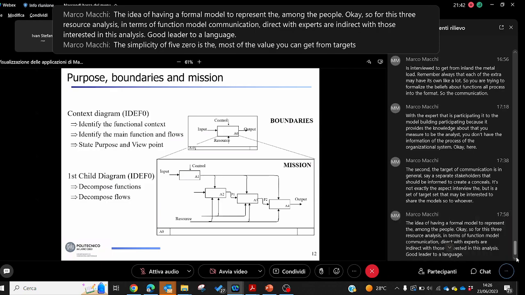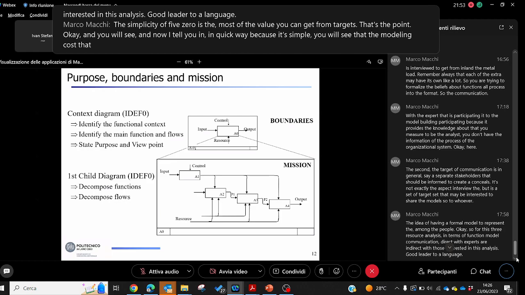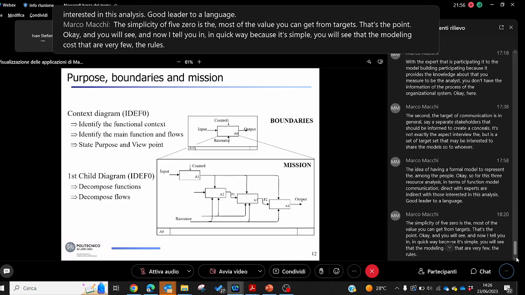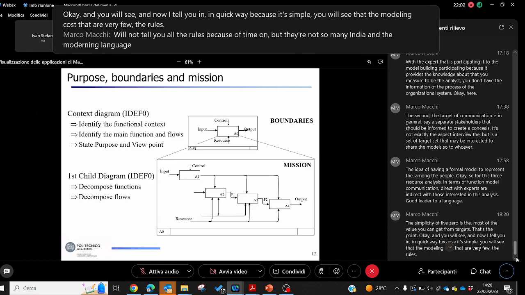That's the point. Okay? And you will see, and I will tell you in a quick way because it's simple, that the modeling concept has very few rules. I will not tell you all the rules because of time, but they're not so many. In the end, the modeling language is simple.